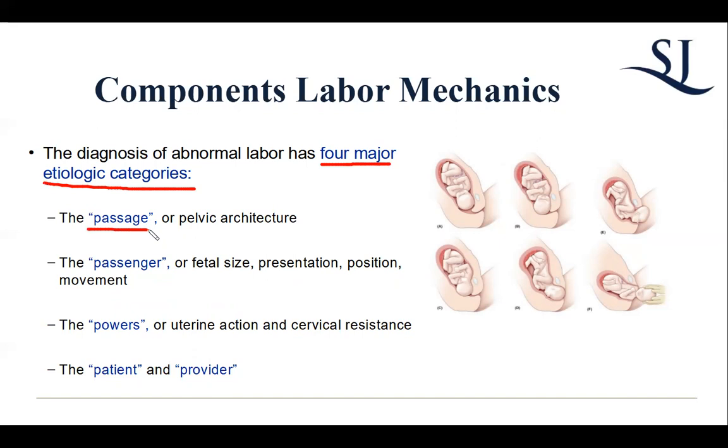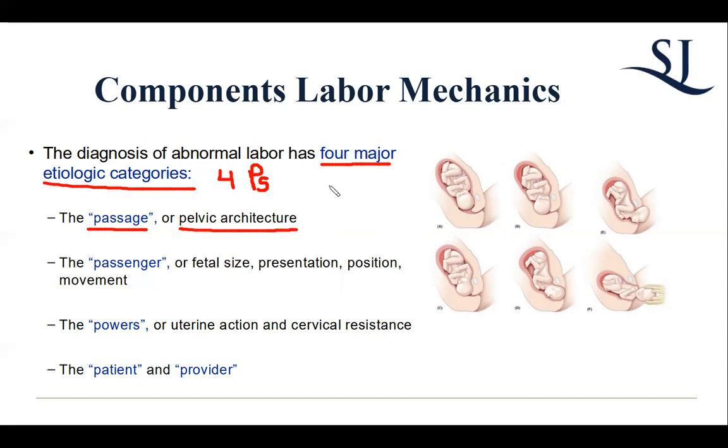They label it as the 4 Ps, which is actually a good way to remember it. I'm not really one for mnemonics, but this helps. So passage, which is the pelvic architecture, meaning the bony pelvis, because that's what you have to deal with. That's not going to change. The tissue and everything else, you can accommodate space if you need to.